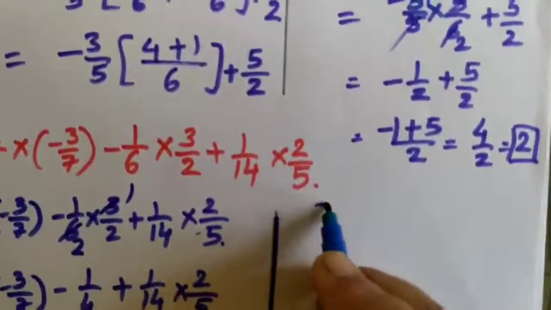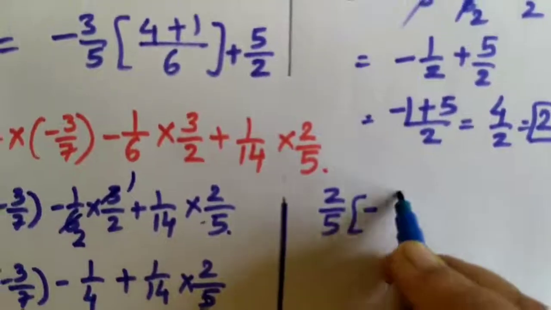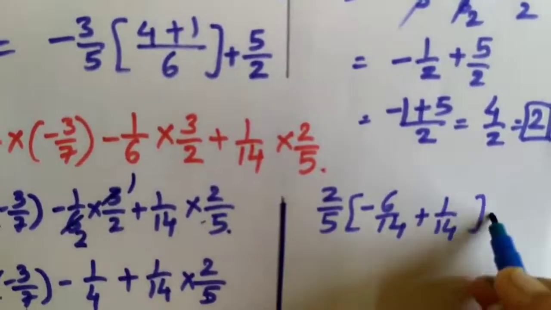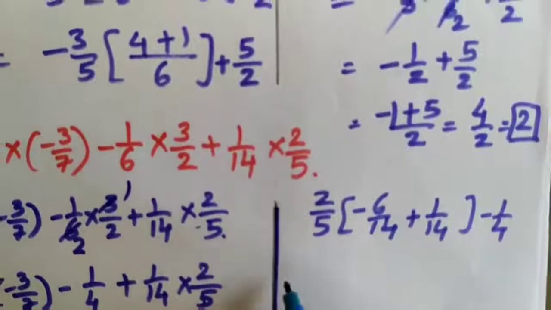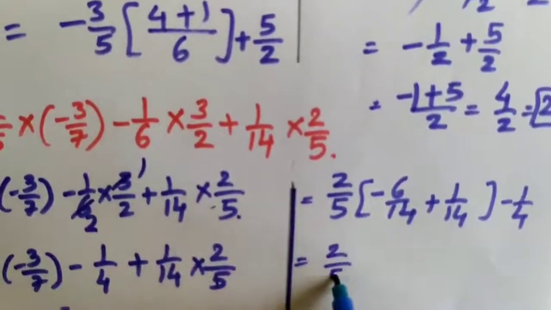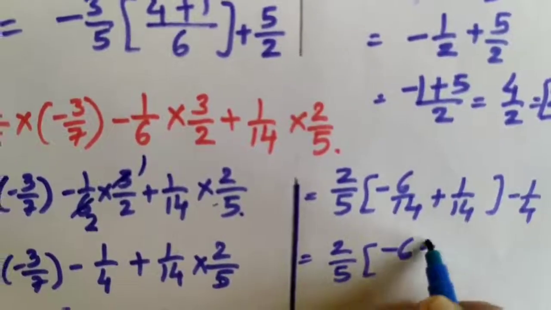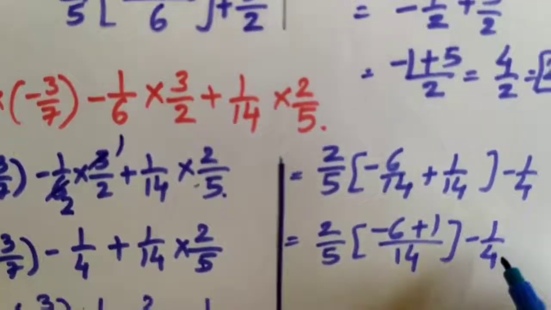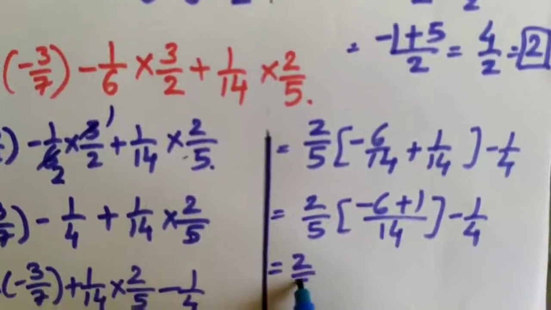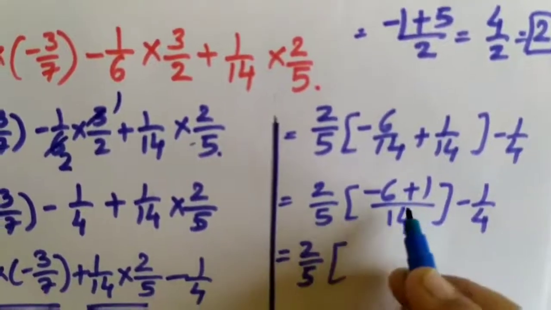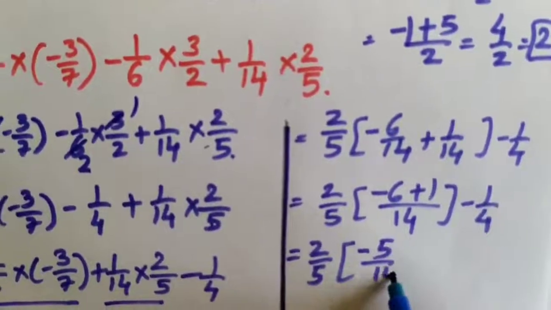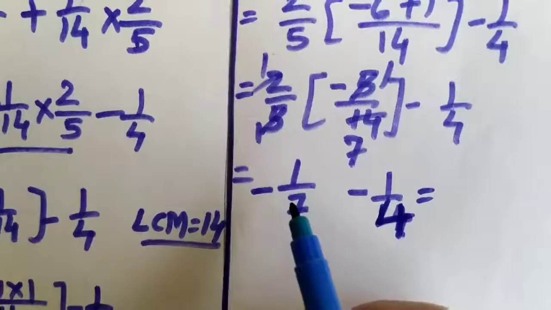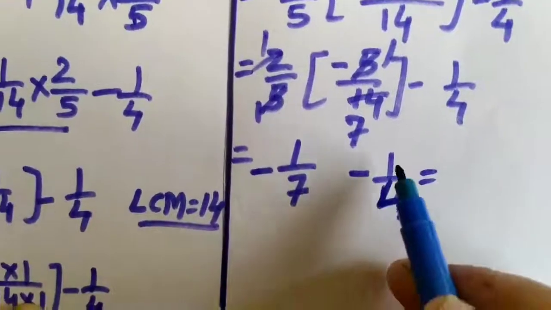Now 2 upon 5 into minus 6 upon 14 plus 1 upon 14 minus 1 upon 4 equal to 2 upon 5 into minus 6 plus 1 upon 14 minus 1 upon 4 equal to 2 upon 5 into minus 6 plus 1 will be minus 5 upon 14 minus 1 upon 4 equal to minus 1 upon 7 minus 1 upon 4.